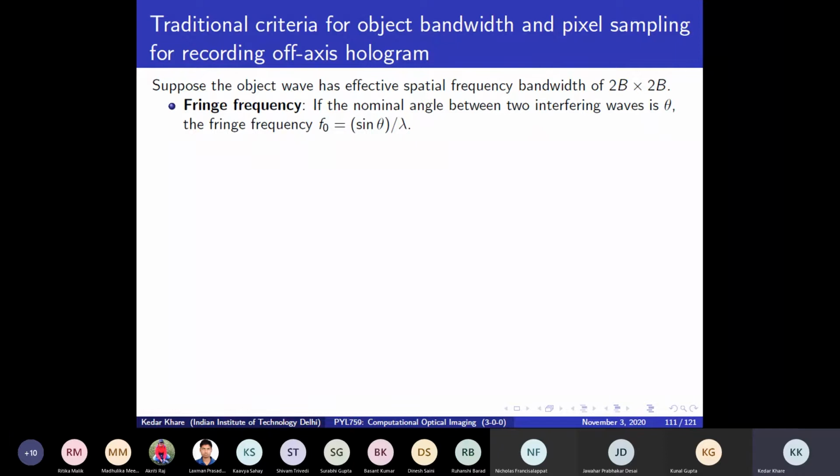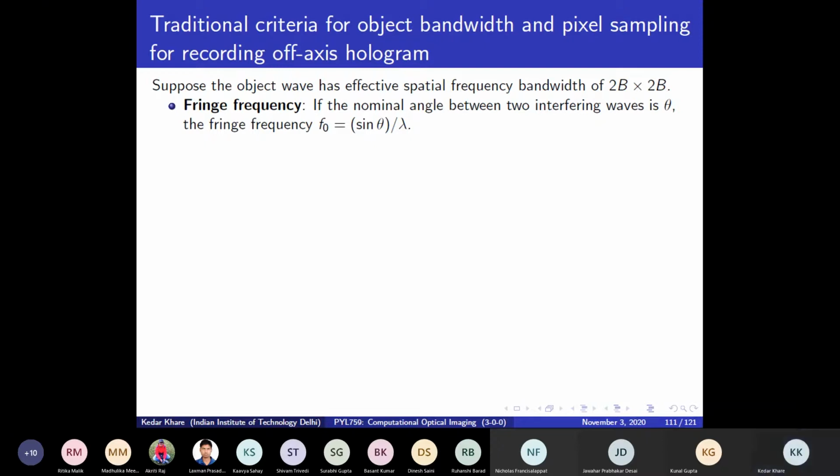If you try to write these two plane waves, in the z equal to 0 plane the plane wave going along the z axis is just 1, and the second plane wave may be written as e raised to i k x sine theta.